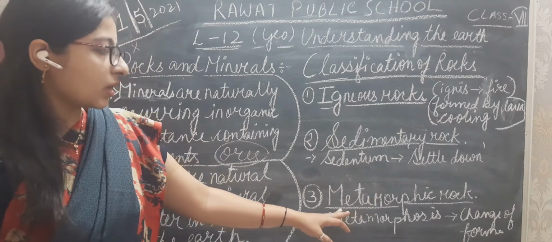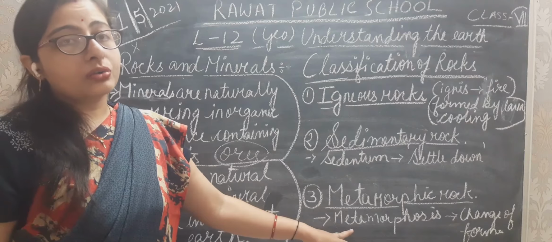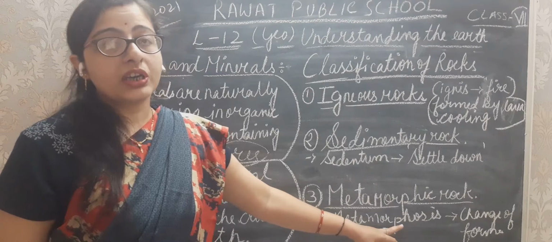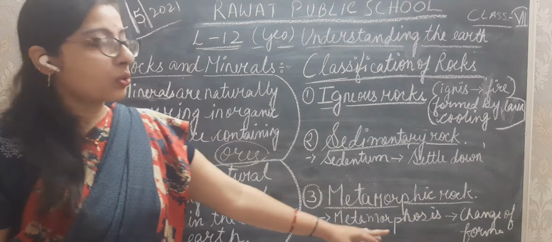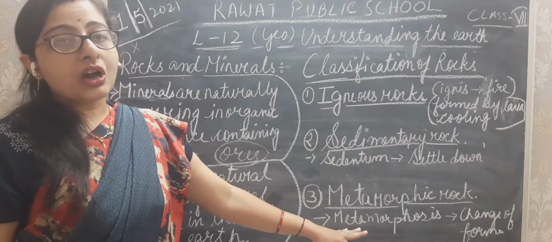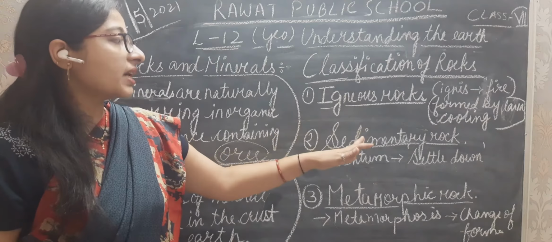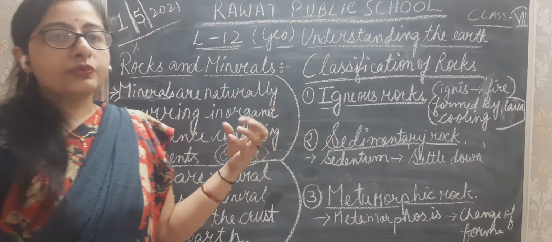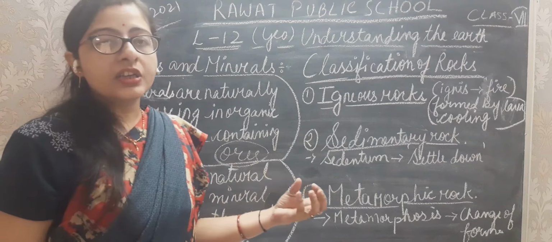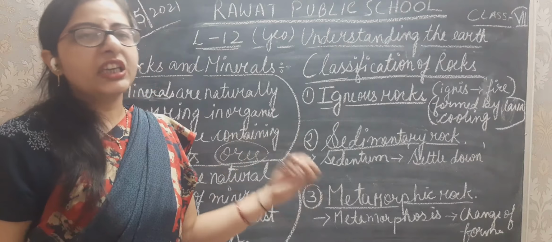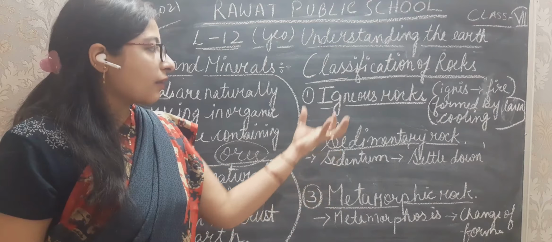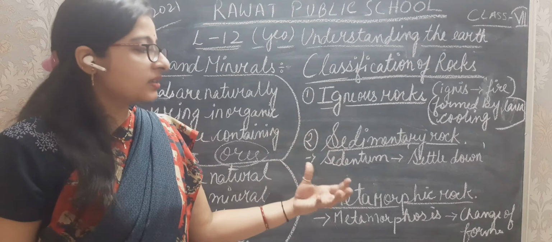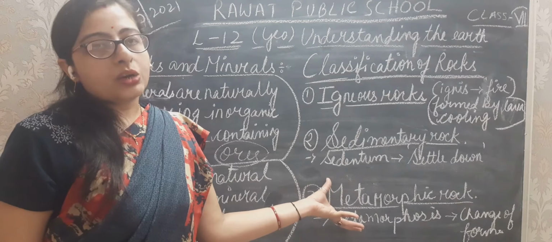Next is the metamorphic rock. Metamorphic comes from the Latin word metamorphosis, which means change of form. How are metamorphic rocks formed? When igneous rocks and sedimentary rocks are kept for many years in rain, water, heat and so on, the changes that occur to them over the passing years make them metamorphic rocks.